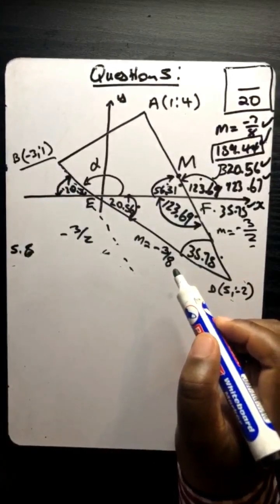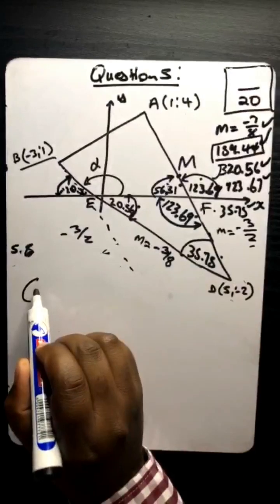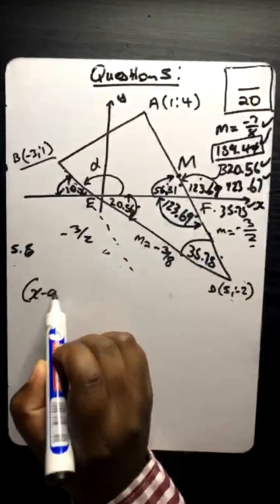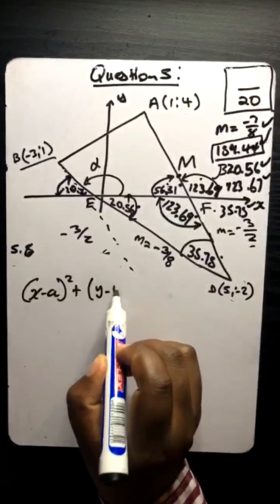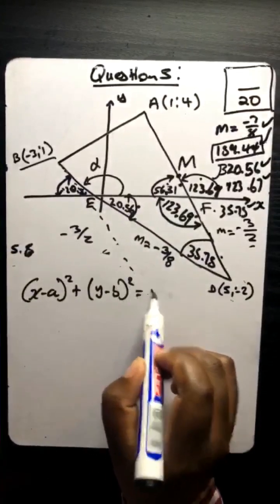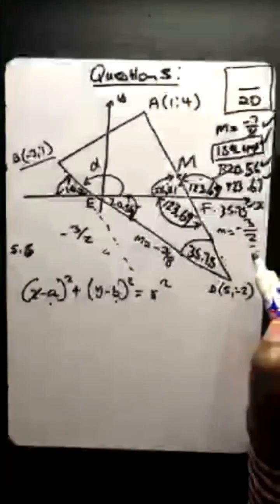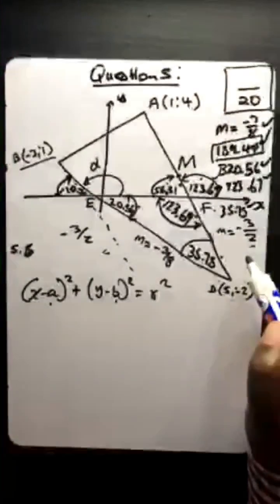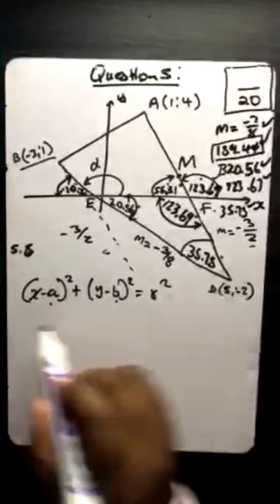Remember, every time you think of a circle, you just need to remember this formula, the theorem of Pythagoras. That's how I always remember this formula. We have (x minus a) squared plus (y minus b) squared equals r squared. These are the centers. So they are saying which passes through the points A and D. Give your answer in this form.